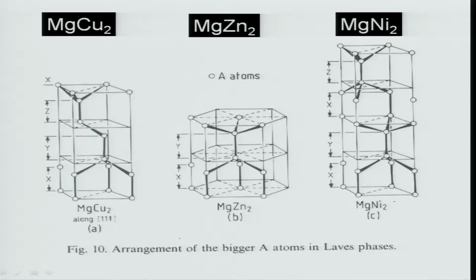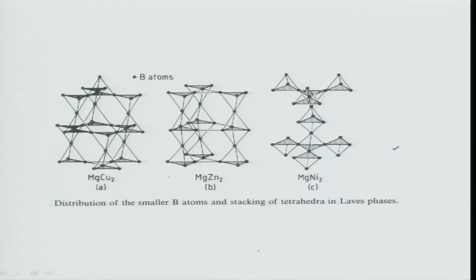So this is this, and now let us discuss these tetrahedral coordinations. You can see here for MgZn2, MgNi2, again tetrahedrally coordinated zinc atoms are stabilizing this compound. Here tetrahedrally coordinated copper atoms are stabilizing this crystal structure, that is why it is called MgCu2.